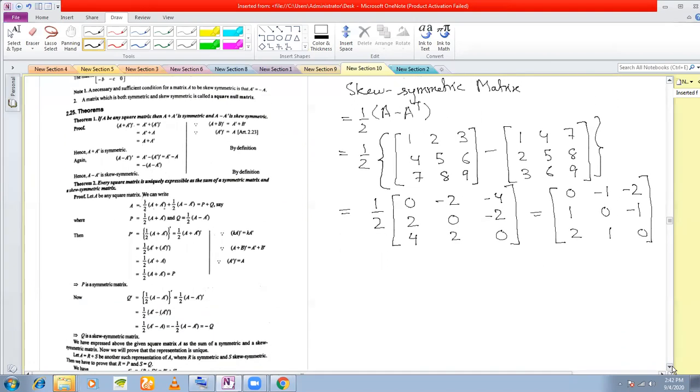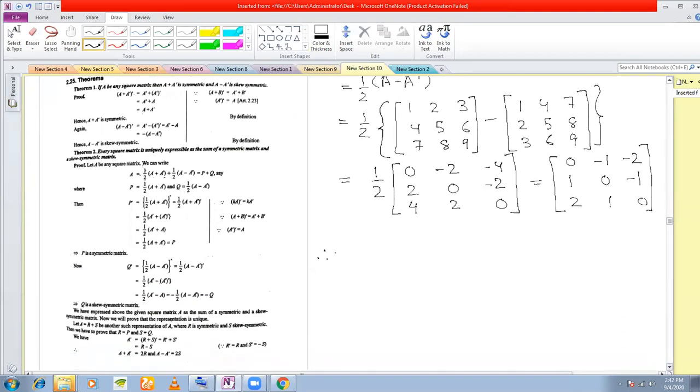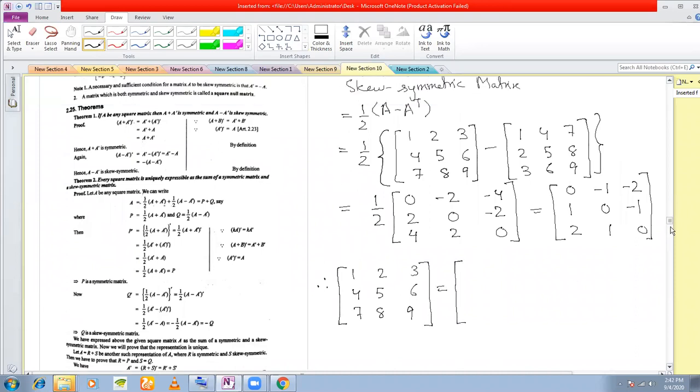So therefore, according to this theorem, what is the matrix A given? This matrix 1, 2, 3, 4, 5, 6, 7, 8, 9 has been expressed as a sum of the symmetric matrix. Let's see what the symmetric matrix is.